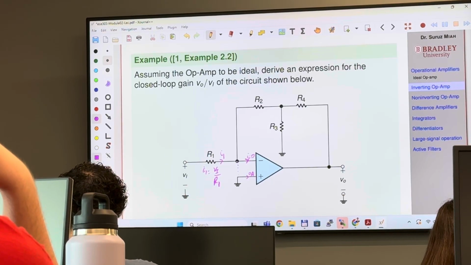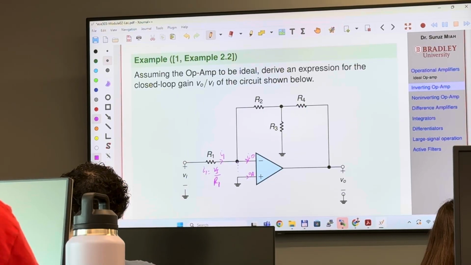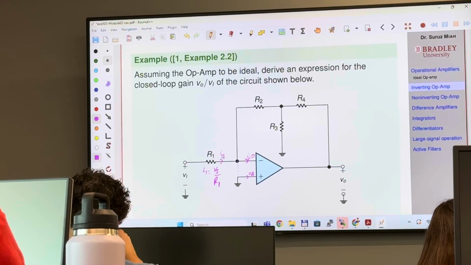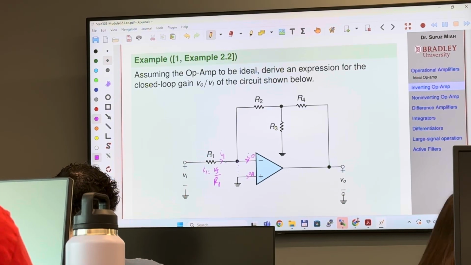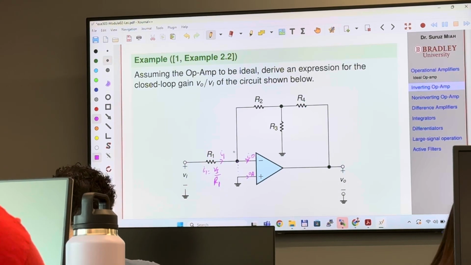Because there is a node right here, you can apply KCL, Kirchhoff's current law, and you see that no current is flowing this way. But you know that current I1 is coming this way. Because no current is flowing this way, all this current will go in this direction.